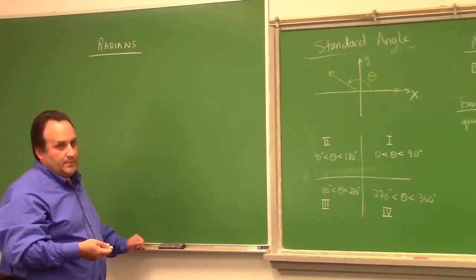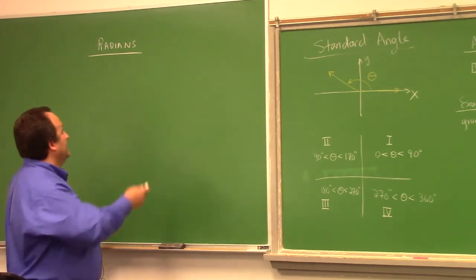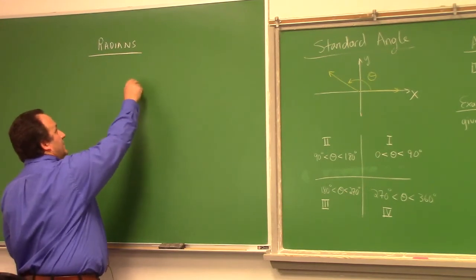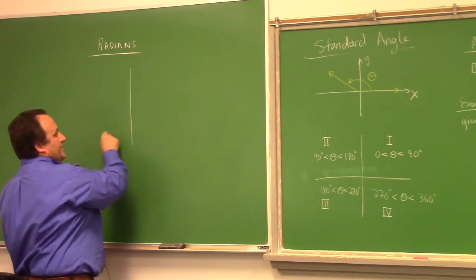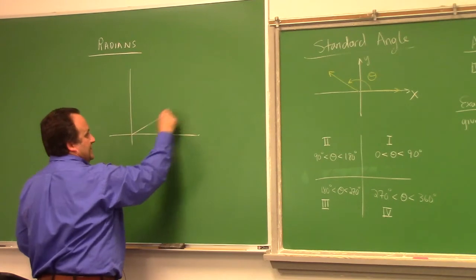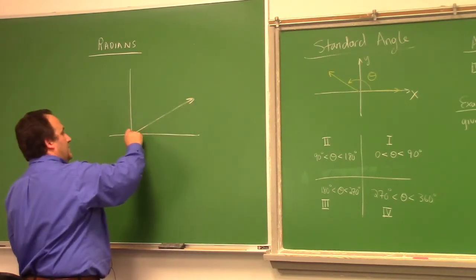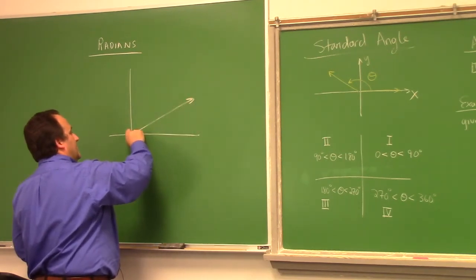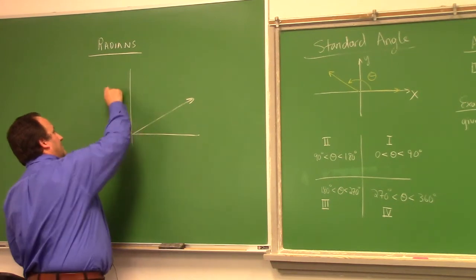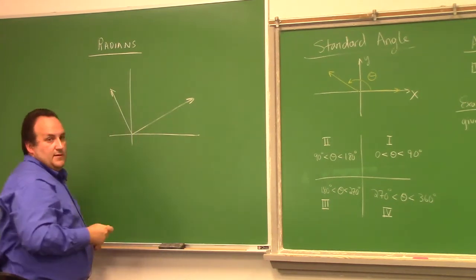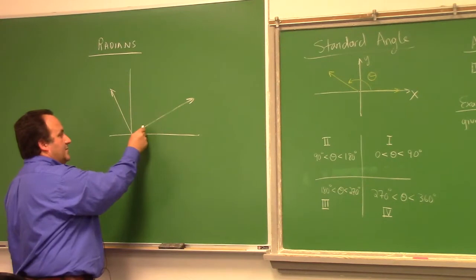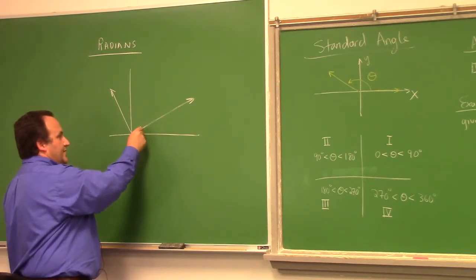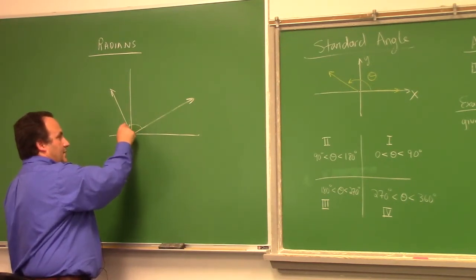So here's the idea of a radian. If we have two rays, let's say this one and this one, and you want to measure the angle that goes from one ray to the other, like this.